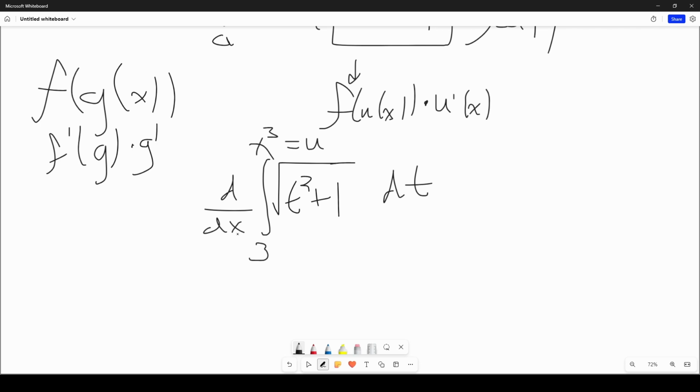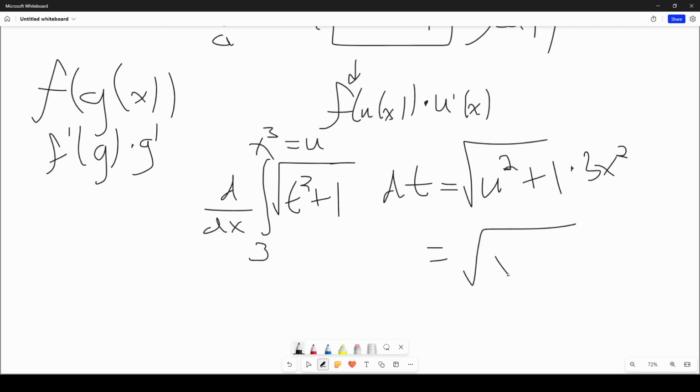So we know that this is actually just going to be equal to f of u. So we get square root of u squared plus 1 times u prime, which is just 3x squared, in other words, the derivative of x cubed. And then, to simplify, we plug in x cubed for u, and we get square root of x to the 6th plus 1 times 3x squared.